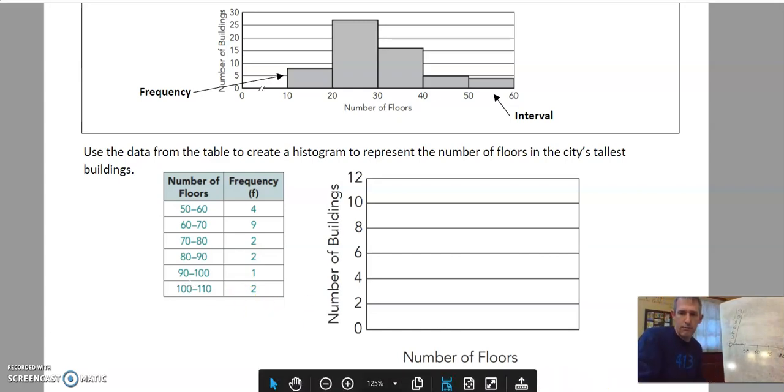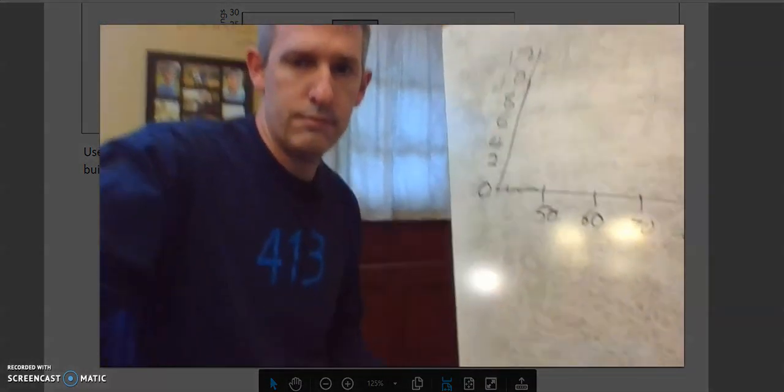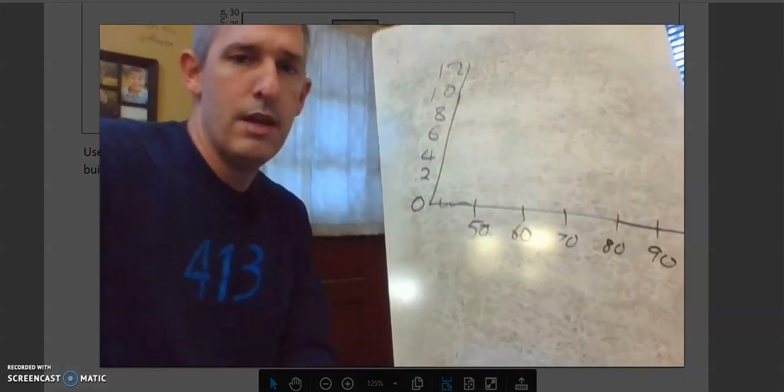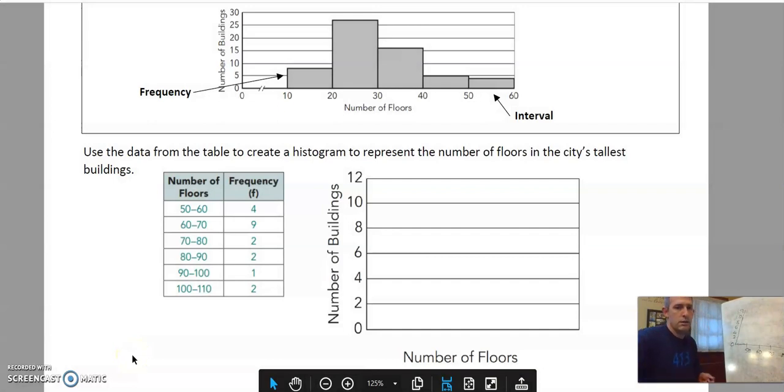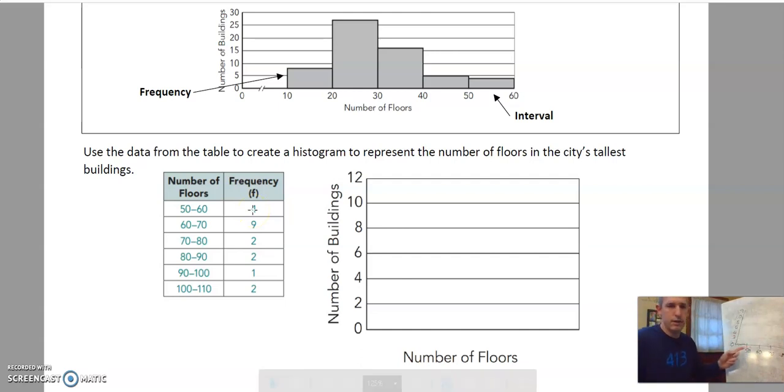So it should look like that. All right. Now, we're going to use our frequency to identify how far our bar should go up. I'm going to draw these lines across so it looks like what you have on your page.